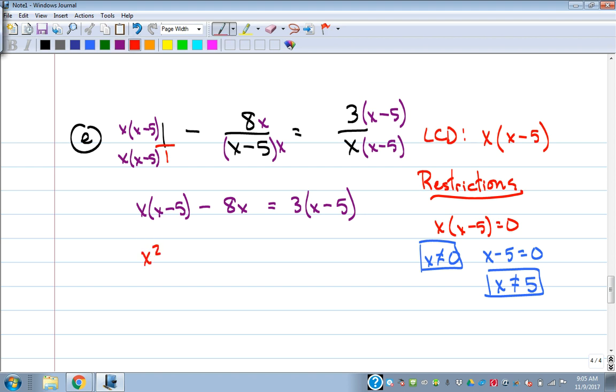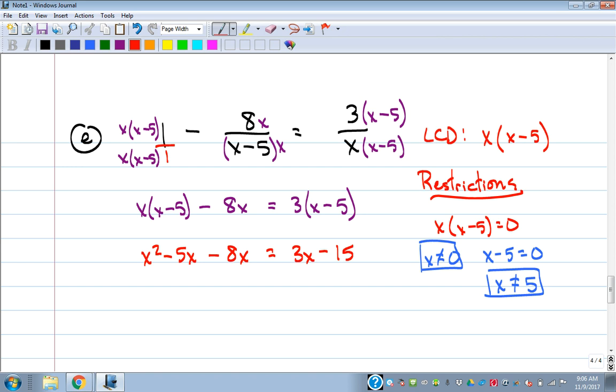So I've got to distribute: x squared minus 5x minus 8x equals 3x minus 15. So I just get x by itself, right? No, we've got x squared, so we've got to get it equal to 0.